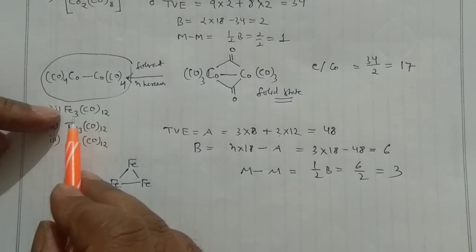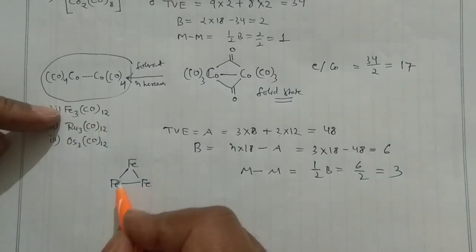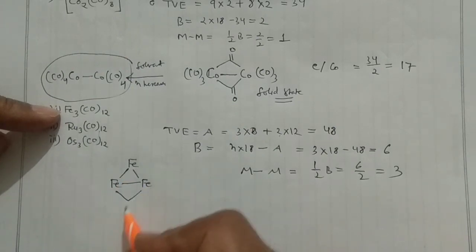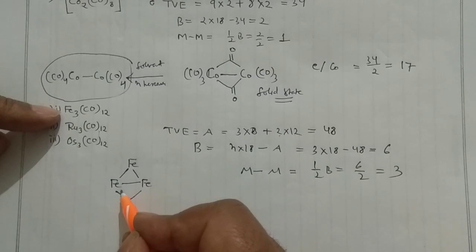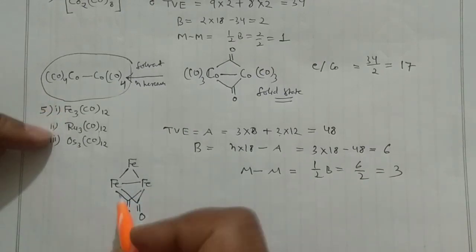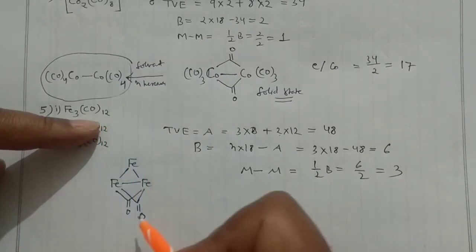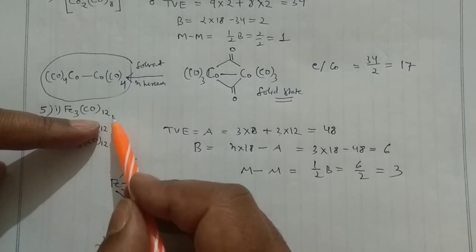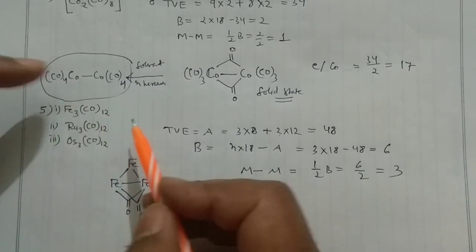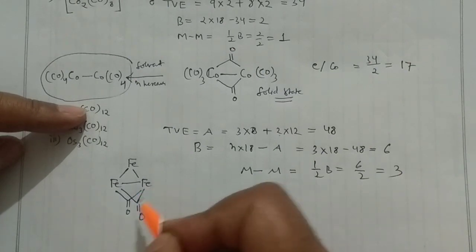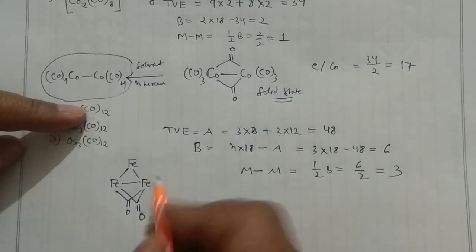So how will you form the bridge? This one cannot have a bridge because it is already a bridge position. So you can write one bridge in that manner, and then you can write another bridge in that manner. Then you now have 10 more carbonyls to place. 2 are consumed here, and then you have another.